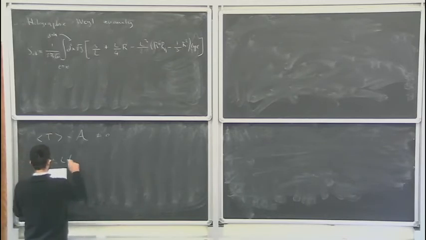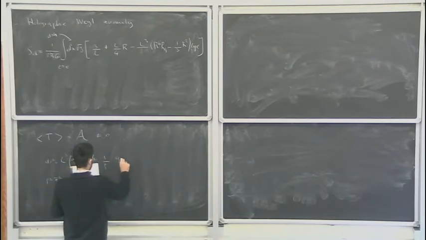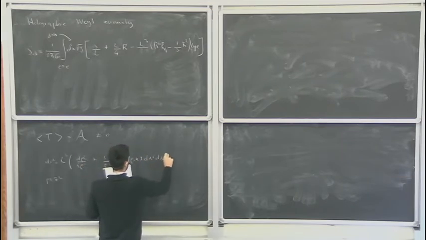So we have the metric, which is d rho squared over 4 rho squared, plus 1 over rho, and our Fefferman-Graham coordinate system here is given by rho and x, dx^i dx^j.